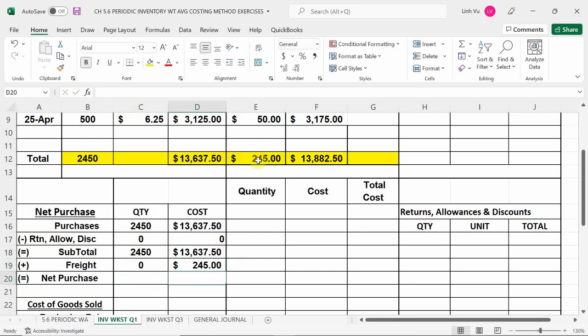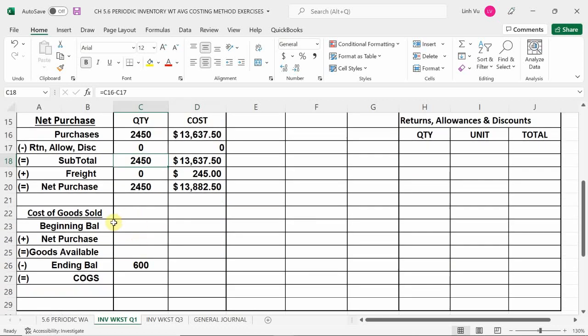The $245 adds to my cost. So that gives me 2,450 units at a grand total cost of $13,882.50. We already know that. Now, as I mentioned, we don't have any beginning inventory. So when I carry my net purchases, my net purchases actually becomes my goods available.